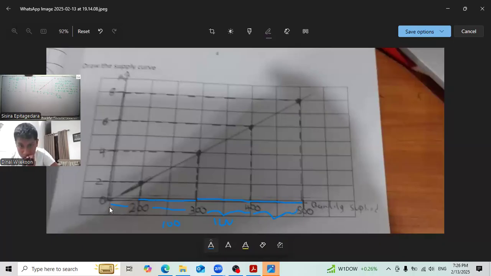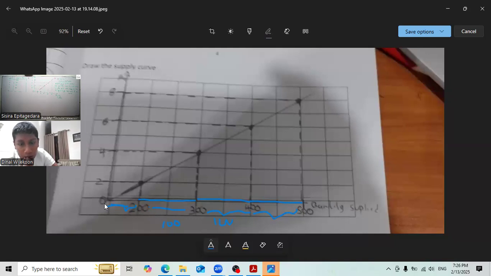But what about here? Look at the price point. 0 to 200, how much is the distance? No, no. I mean the gap between 0 and 200. No, no, I'm asking the change in value, not the number of squares that you have taken. How much is the difference between 200 and 300? 100.